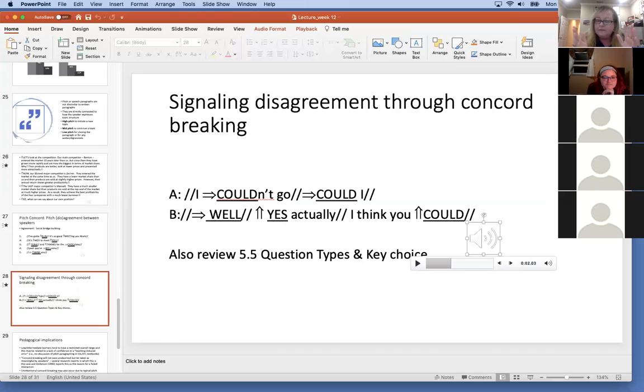So again, when you look at something like concord breaking or matching, this is not something that you consciously think of, but in fact, it's something that we all do all the time.